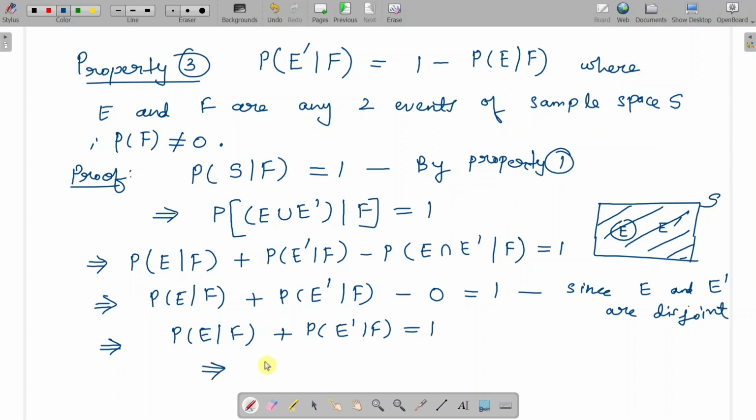So this implies probability of E complement such that F has occurred is equal to 1 minus probability of E such that F has already occurred. Okay, so this is the formula that we wanted.